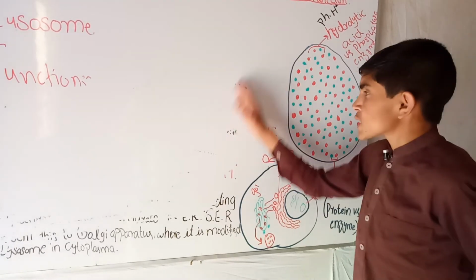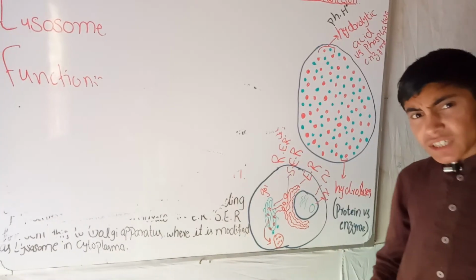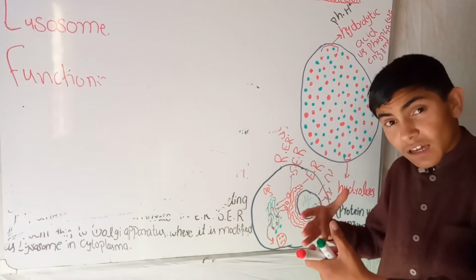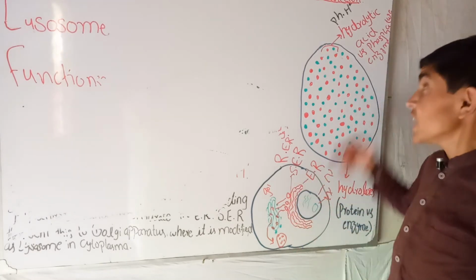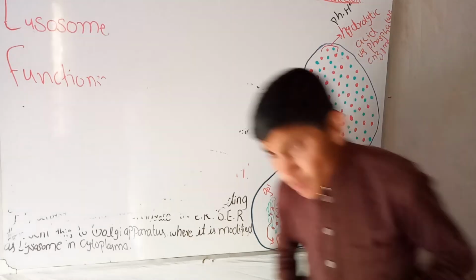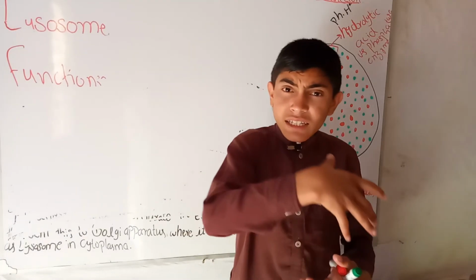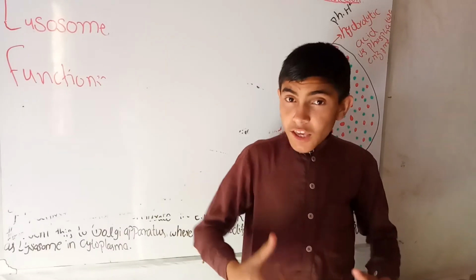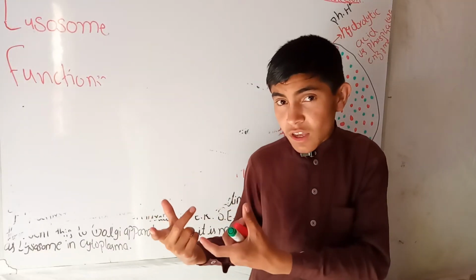Due to its pH, it converts the expired material into a digestible form. Another job is when any foreign content enters the cell, like, say, the coronavirus.